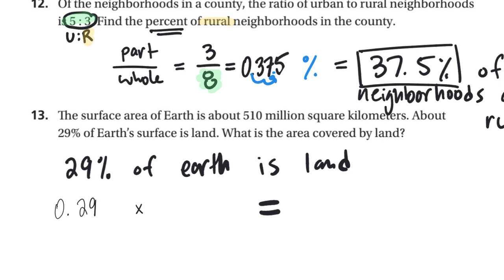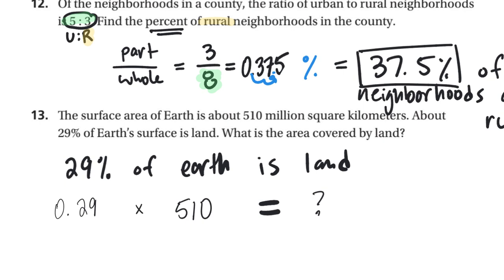Of means times. I guess this is getting more into the percent equation. Shoot, we were supposed to do this one with a diagram. Okay, we'll do that after. So 29% of the earth, 510, is land. We don't know how much land there is, that's our question mark.